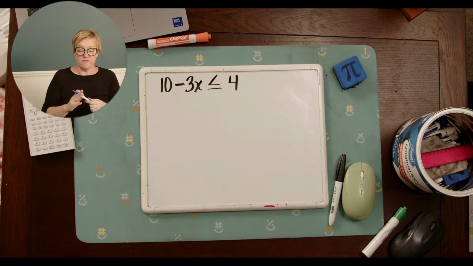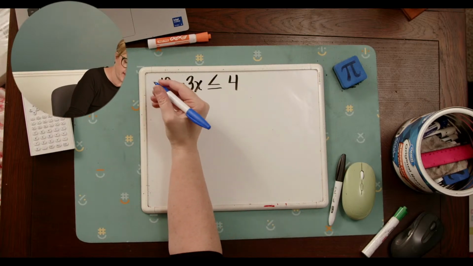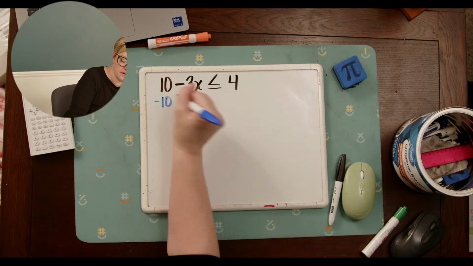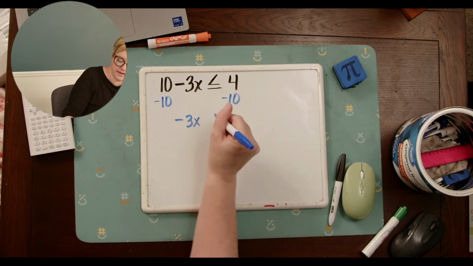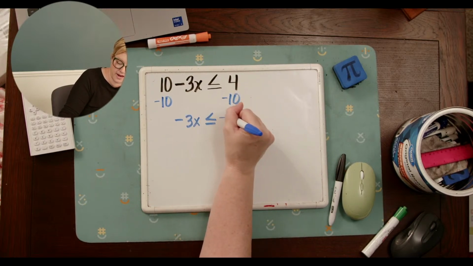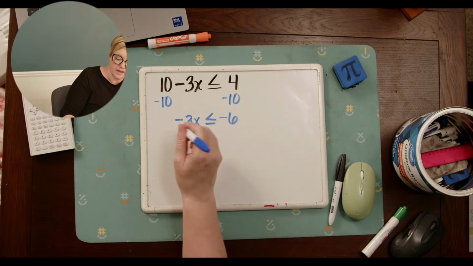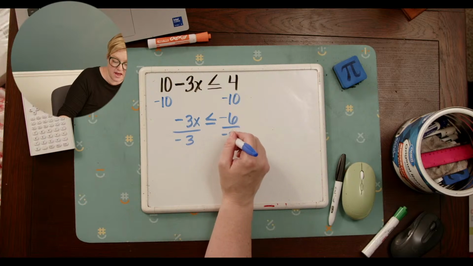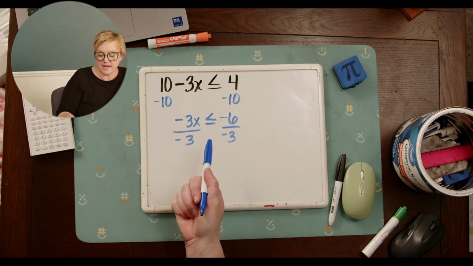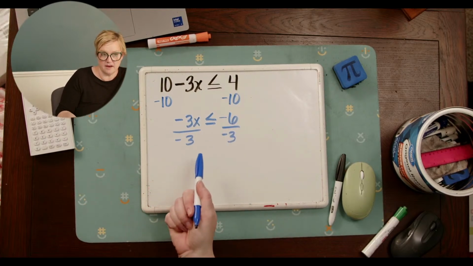So again, solving it just like an equation. Minus 10, minus 10. I've got negative 3x is less than or equal to negative 6. I'm going to divide by negative 3. Now this is another time when I need to flip the sign.